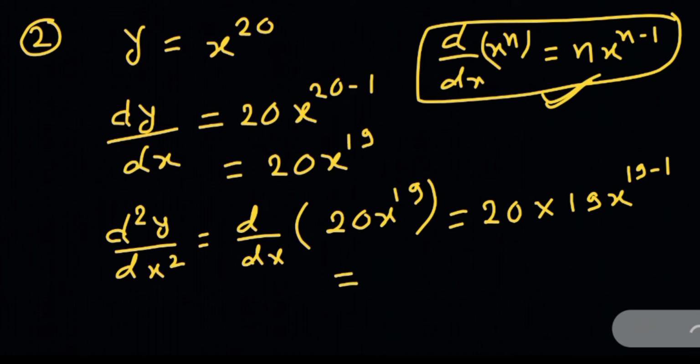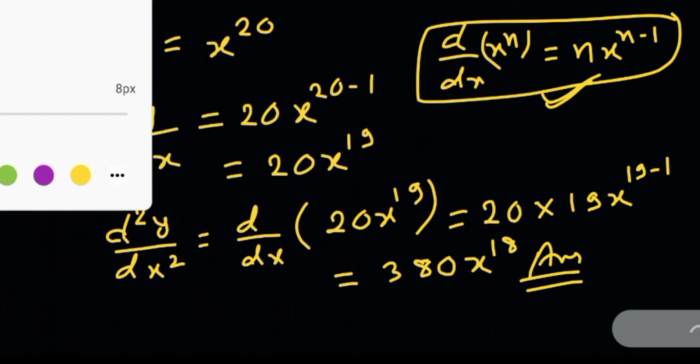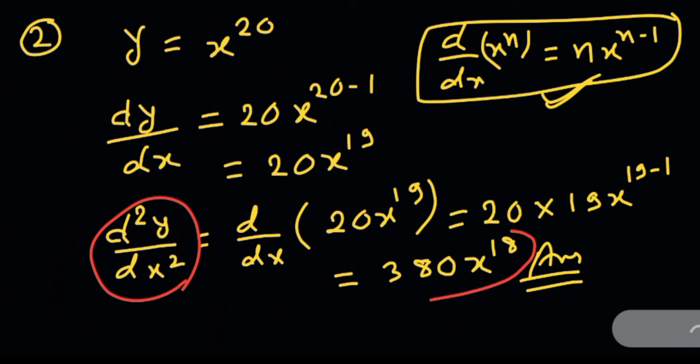So 20 into 19 is nothing but 380, and x to the power 19 minus 1 is 18. So this will be our answer: d2y upon dx square is 380 into x to the power 18. Okay. So this is our second question.